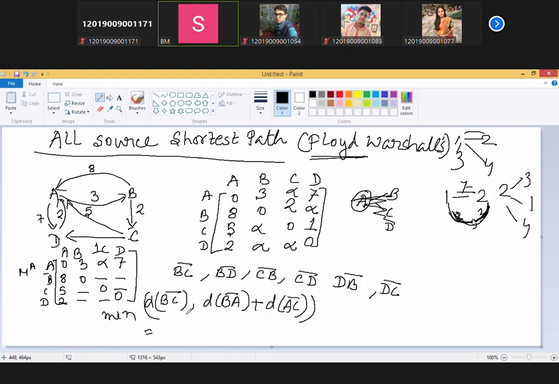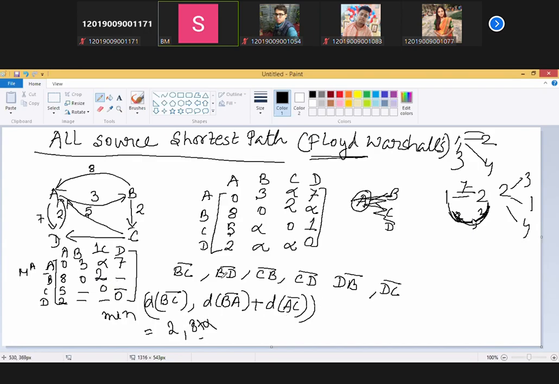The distance of B to C is 2. The distance of B to A is 8. The distance of A to C is infinity. If I add 8 to infinity, it becomes infinity. So the minimum is 2. Write 2 here.